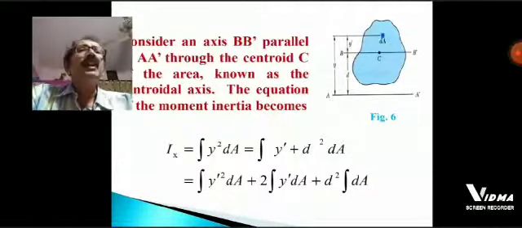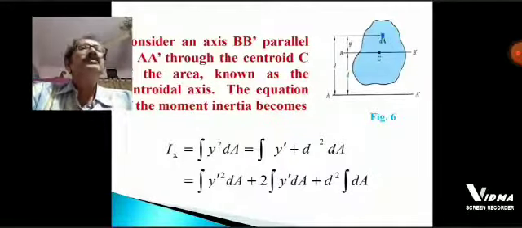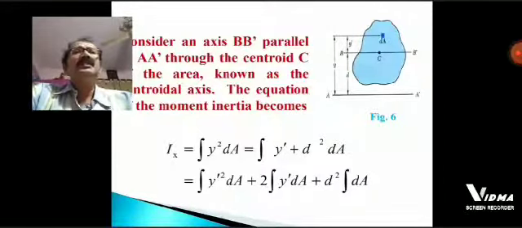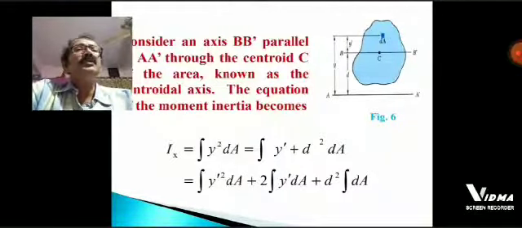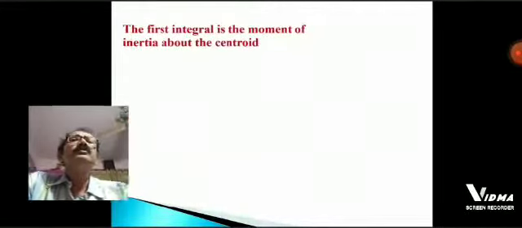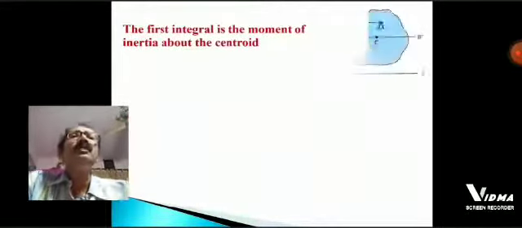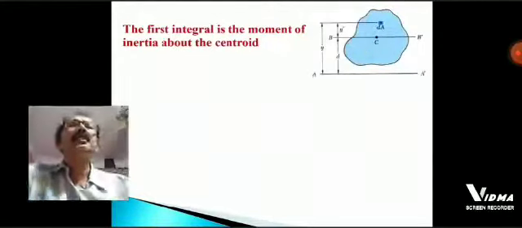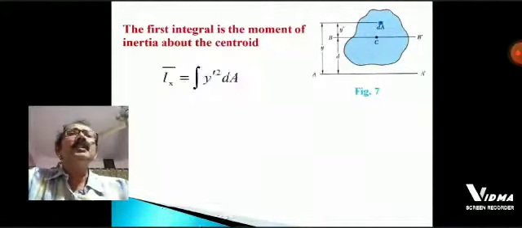Putting the value of y, y is nothing but y dash plus d, whole square, into dA. If you split the term, that is integration y dash square dA plus 2 d into integration y dash dA plus d square into integration dA. Now the first integral is the moment of inertia about the centroid, that is Ix bar, integration y dash square dA.